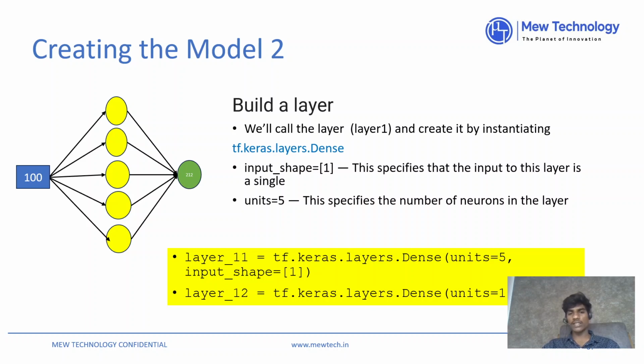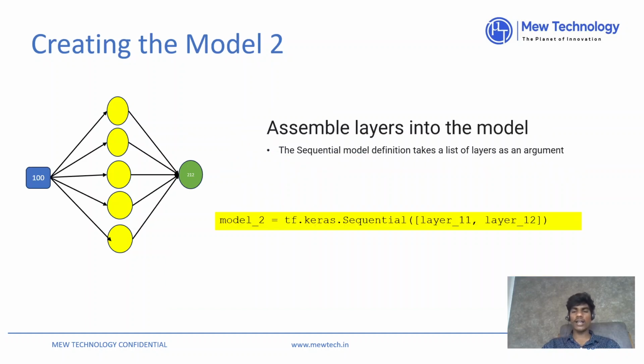Everything is the same: I initialize layer 1 with units equal to 5, whereas before I initialized units equal to 1. Here 5 means my first layer has 5 neurons. Then I initialize the second layer, layer 2, with units equal to 1. In this layer I have only one neuron. It's the output layer.